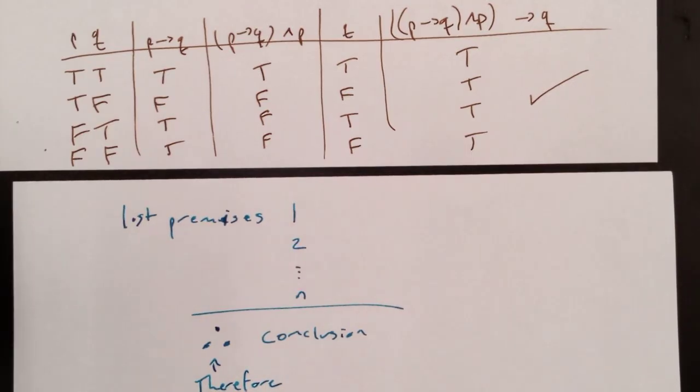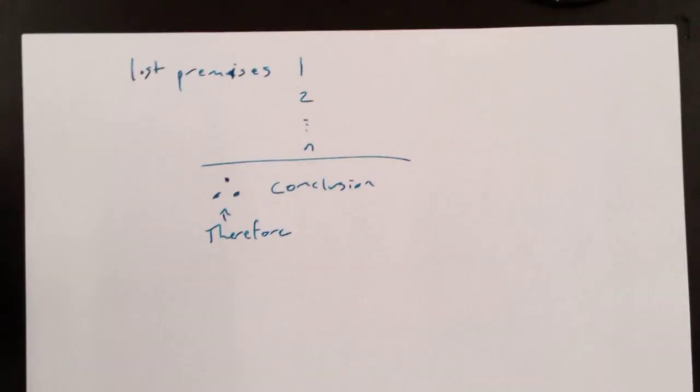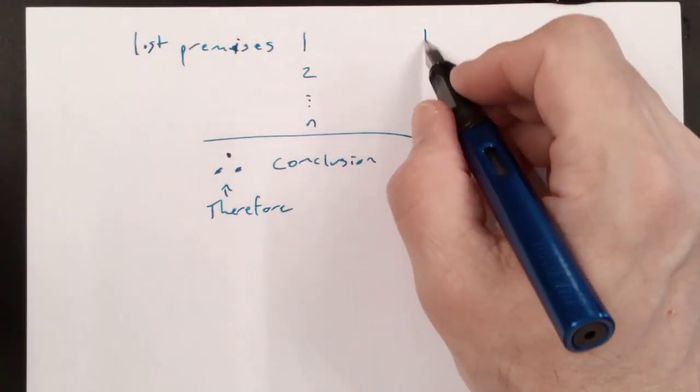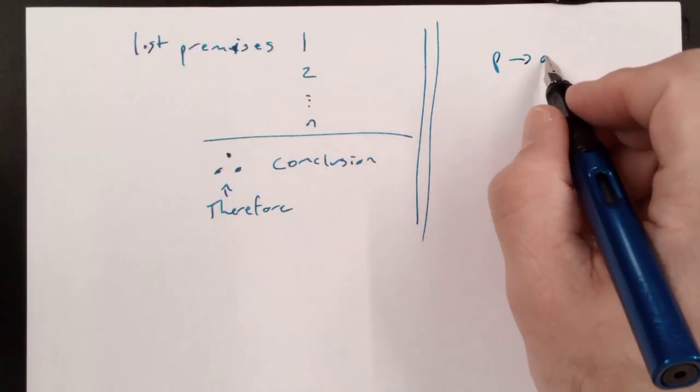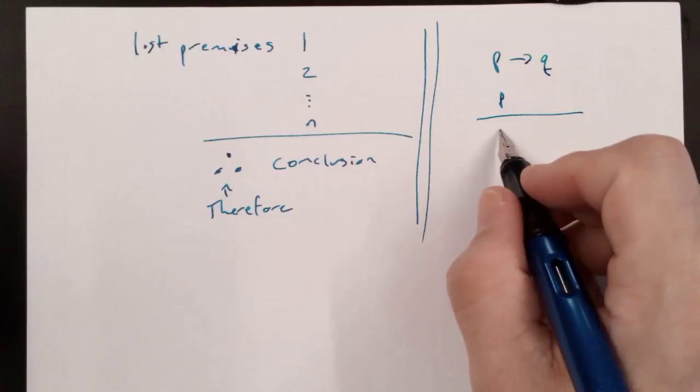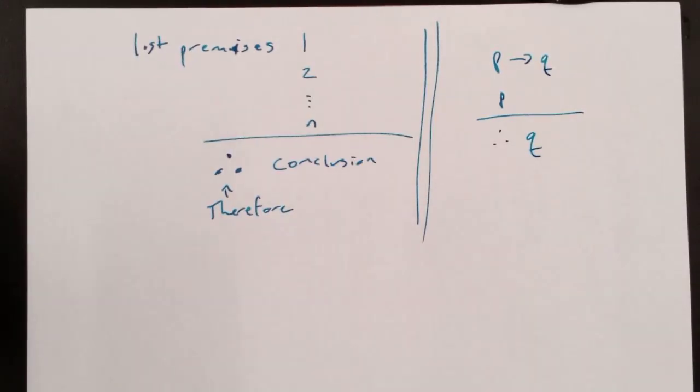Which means the version of the logical argument we just wrote, if I write it in this format, gets written like this. P arrow Q and P, therefore Q. If you think about this visually, I've got an if-then statement, and then I give you the beginning part, and out pops the end, right?